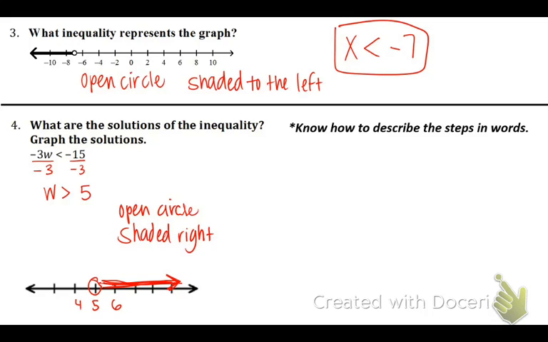Now, there are only a couple steps that we did here. The first step was divide both sides by -3. Why did we do that? We did that because we wanted to isolate the variable w. So let's write that.